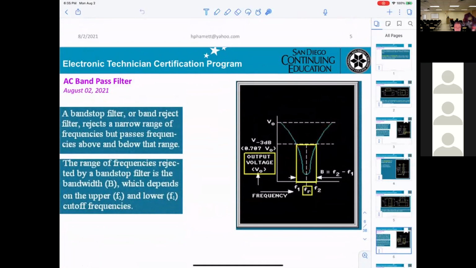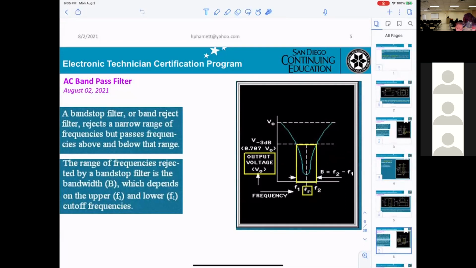Basically, the band stop filter is only telling you that any signal higher than F2 or less than F1 passes. Any signal between F1 and F2, they want to stop. So basically this filter is just the opposite of the band pass filter.